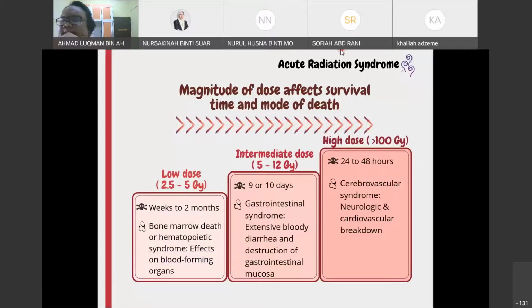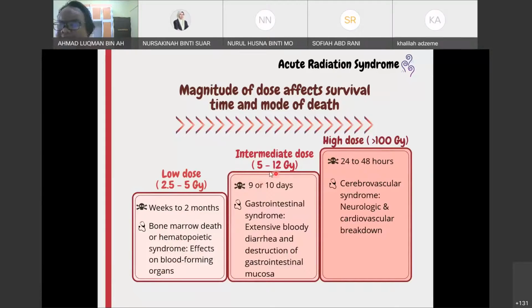Here is how the magnitude of dose affects survival time and mode of death. We have 3 levels: low, intermediate, and high. At around 2.5 to 5 grays, death can occur in weeks to 2 months, with bone marrow death or hematopoietic syndrome, affecting blood forming organs.